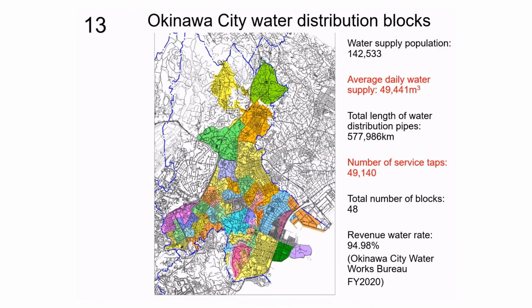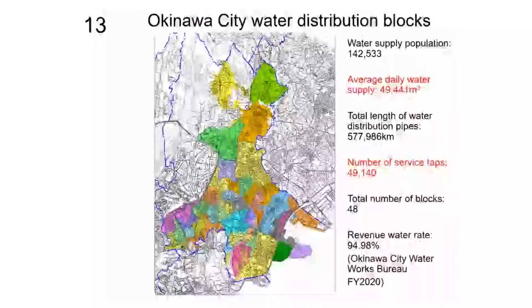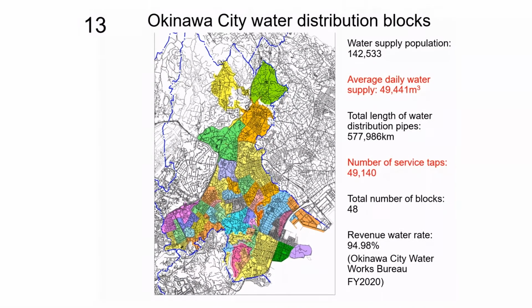Total pipe length was 577.986 kilometers. And the number of service taps was 49,140. Meanwhile, the number of service reservoir was 6. The number of distribution block was 48, and effective water rate was 94.98%.